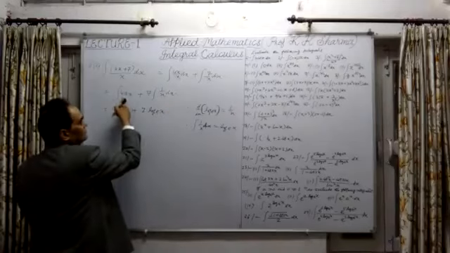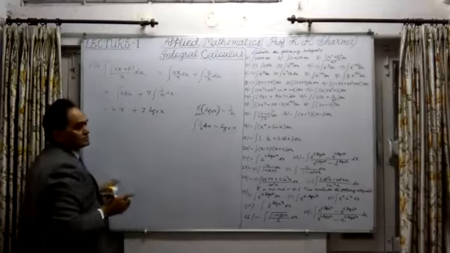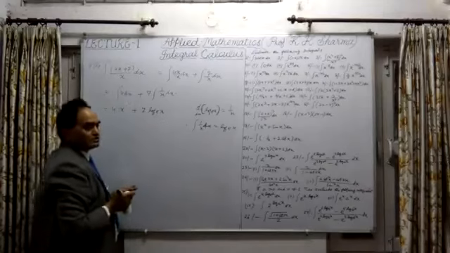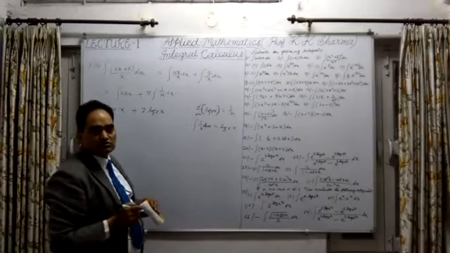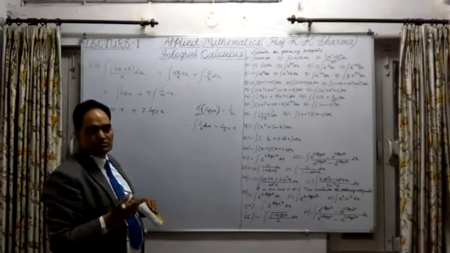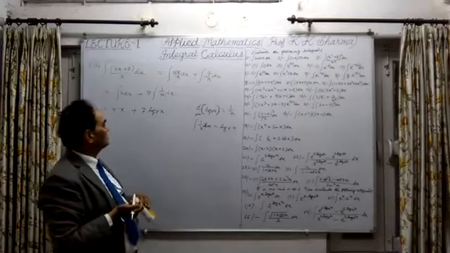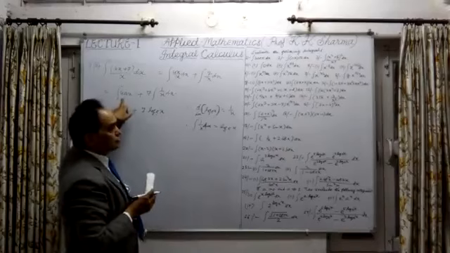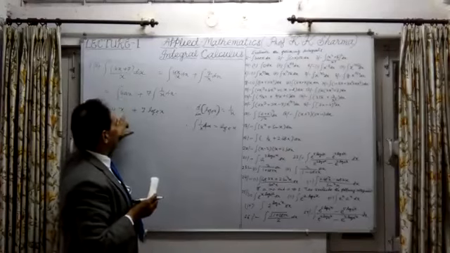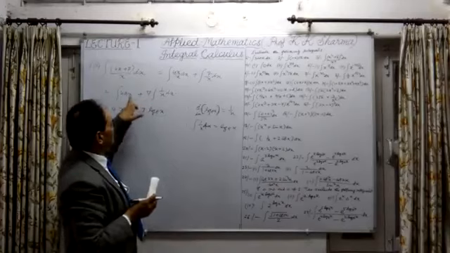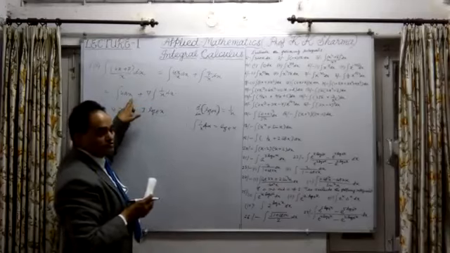This is 4x. 4 into x. The integration of 1 is x, because 1 can be written as x raised to 0. x raised to 0 means 0 plus 1 upon 0 plus 1, that means x raised to 1, x only upon 1. Okay, so x only. The integration of 1 is x because in this case we are integrating with respect to x.